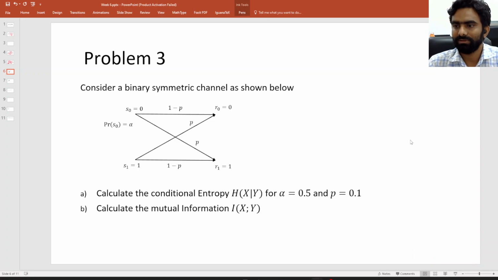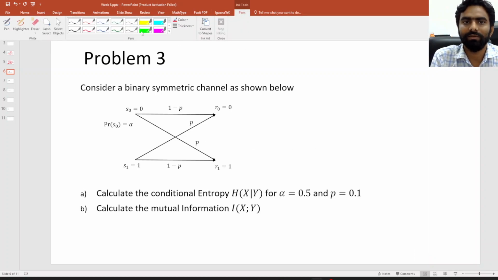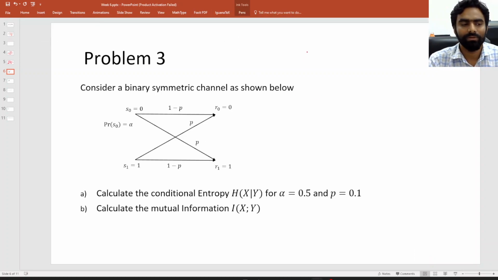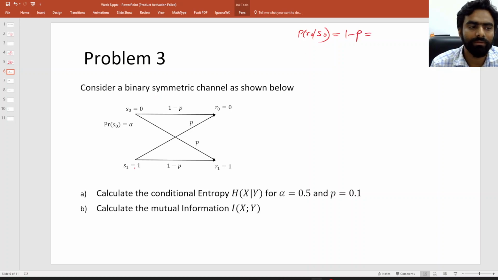So let others solve this question while I am writing the probabilities. I hope you also know that the probability that R0 is received provided S0 was transmitted is 1 minus p, which is also equal to the probability that R1 is received provided S1 was transmitted.